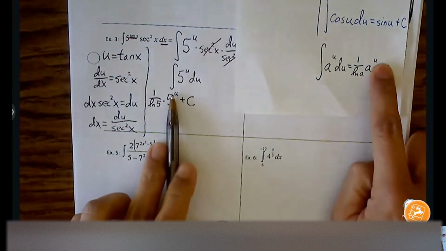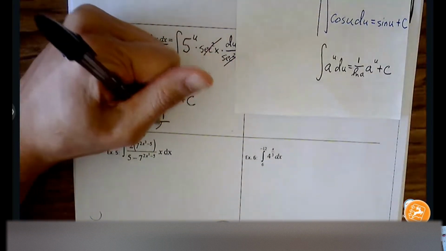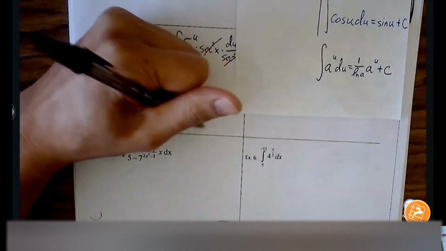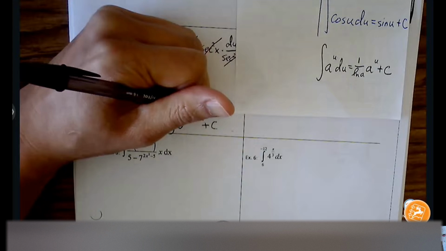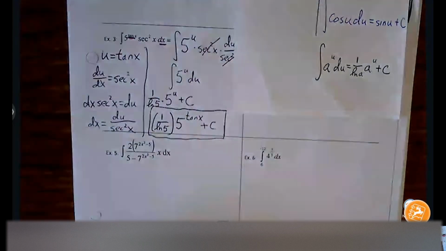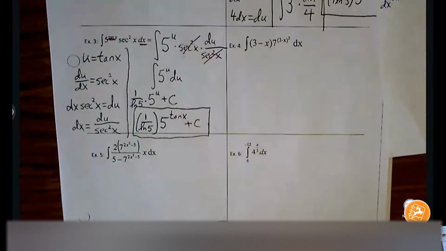And then let's bring back our variable x. Okay, questions with 3? All right, let's go to 4.